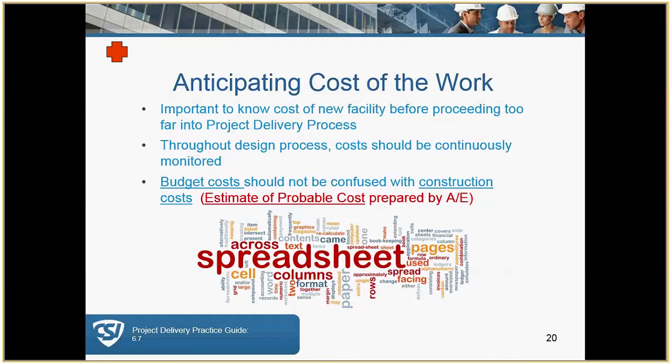And you want to look at cost throughout the entire design process. The other main thing to know here is that you shouldn't confuse the idea of a budget cost with a construction cost. What we're talking about are project budget costs versus the actual cost of construction. And what the AE would prepare is an estimate of probable cost.